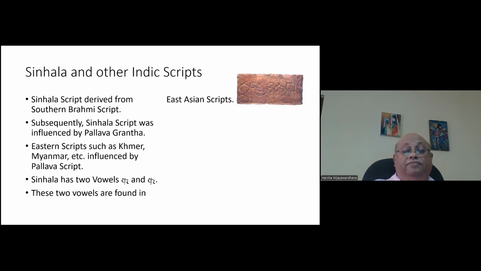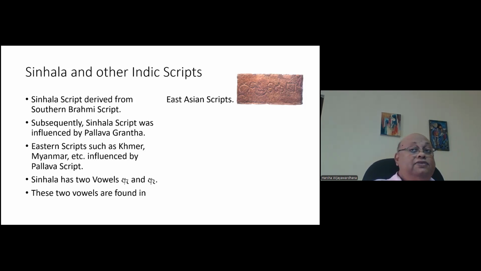So they are very nice, a very pretty script, but very, very cursive. Then if you look at Pallava Grantha, we had a lot of influence, and Eastern scripts such as Khmer and Myanmar were also influenced by Pallava script.